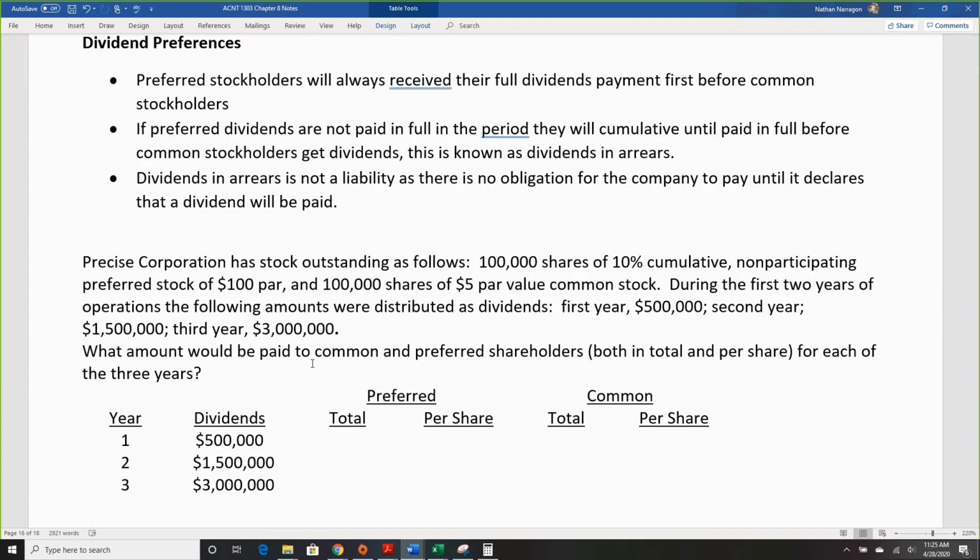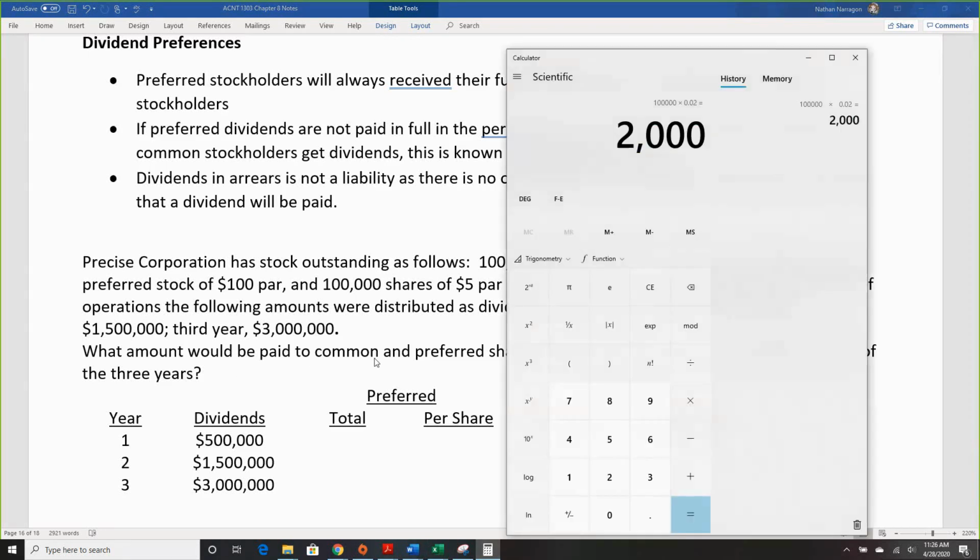During the first 2 years of operations, the following amounts were distributed as dividends. Okay. So, first year, 500,000. Second year, 1,500,000. Third year, 3 million. They want to know how much does each one get paid in dividends each year. Okay? First thing that we have to figure out is how much preferred stock gets.